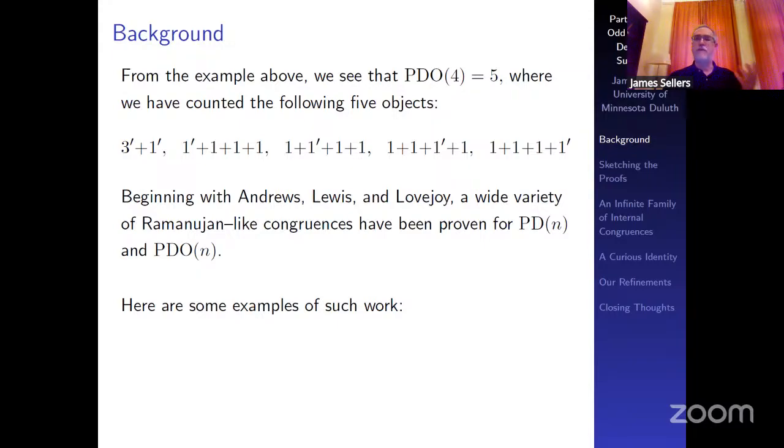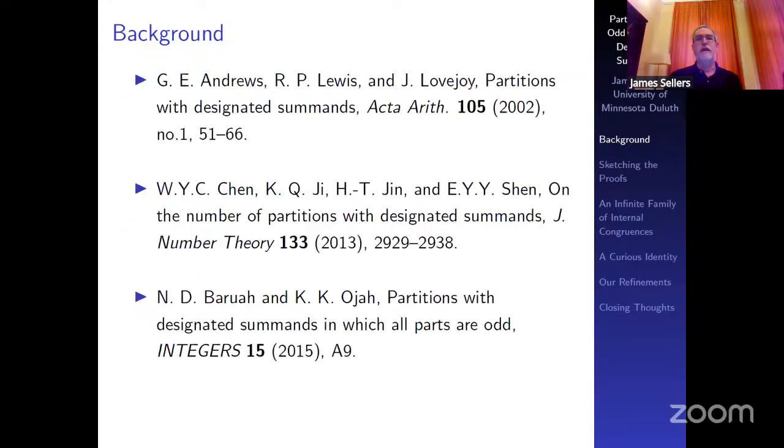I do this primarily so that you can see that it's been a topic of interest ever since 2002. So I'm just going to flash some papers in front of you. By the way, I'm happy to share these slides with anyone who wants them. So don't feel like you have to quickly write any of this down.